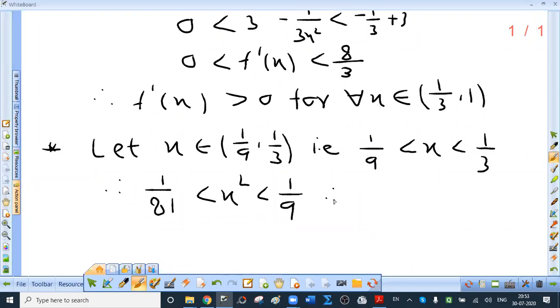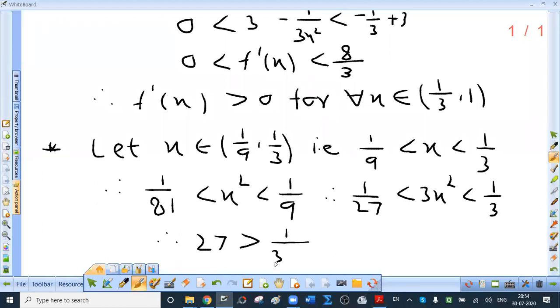So 3 upon 81, that is 1 by 27 less than 3x square less than 1 upon 3. Reciprocals. So 27 greater than 1 upon 3x square greater than 3. Now we need minus. So minus 27 less than minus 1 upon 3x square. Okay. Then what? Less than minus 3.